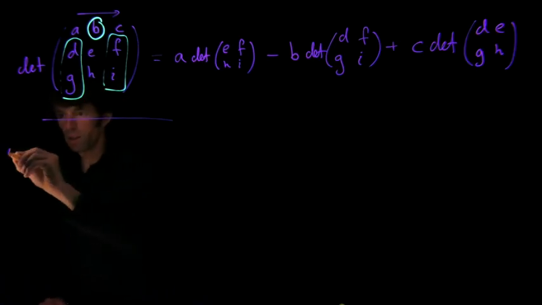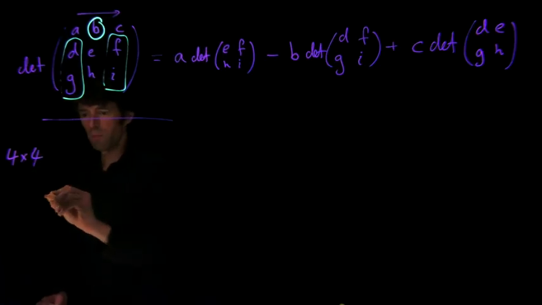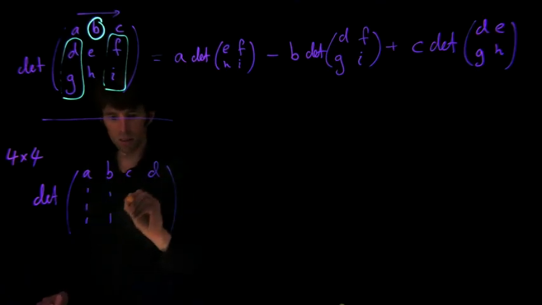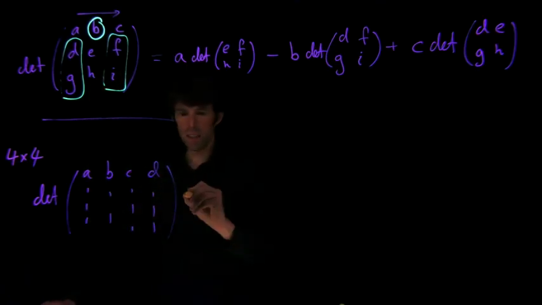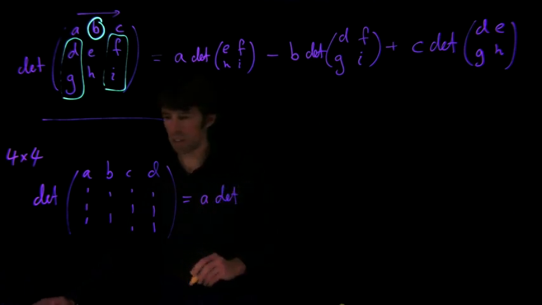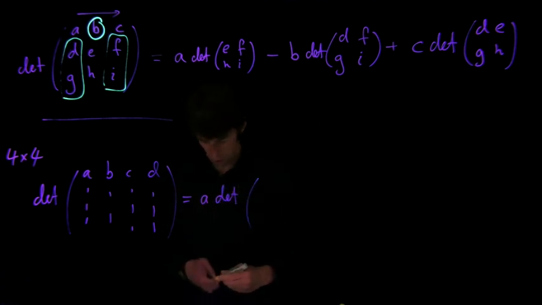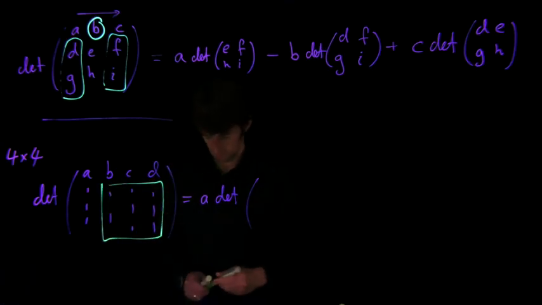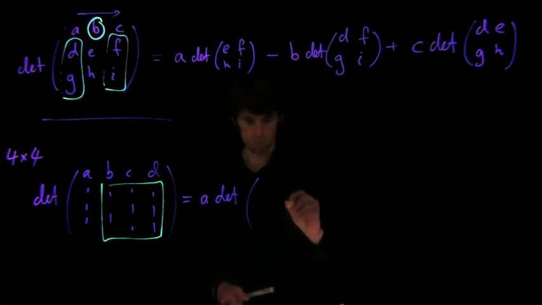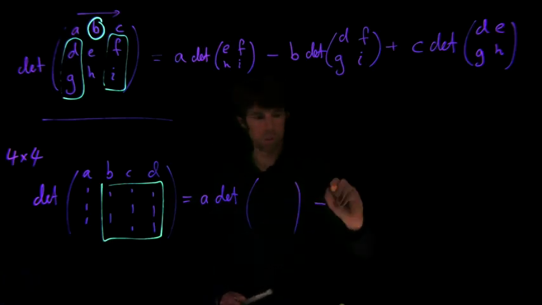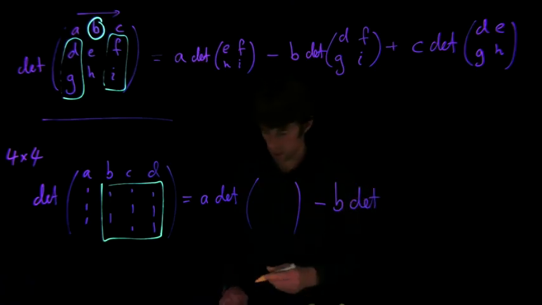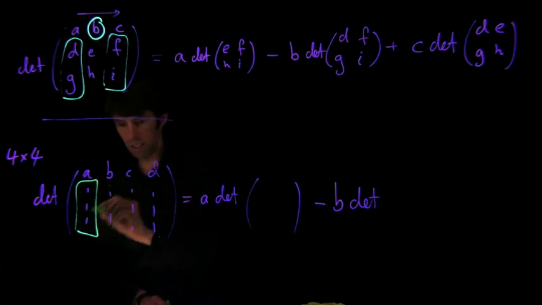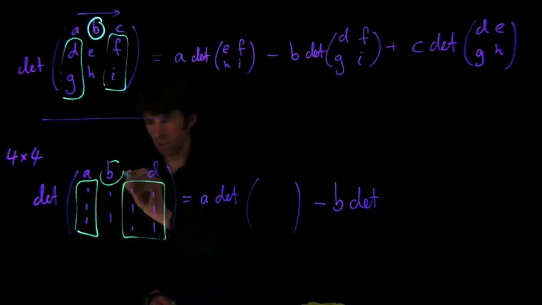So for 4 by 4, if we have the determinant of a, b, c, d, and so on, then this would be a times the determinant of the complementary matrix, which would be this 3 by 3 block, minus b times the determinant of the 3 by 3 block, which is given by this column and these two columns.